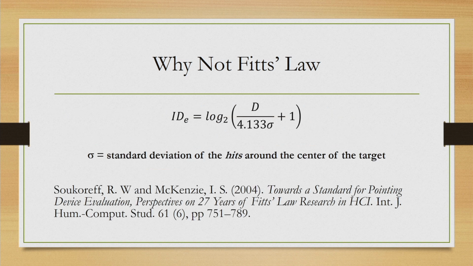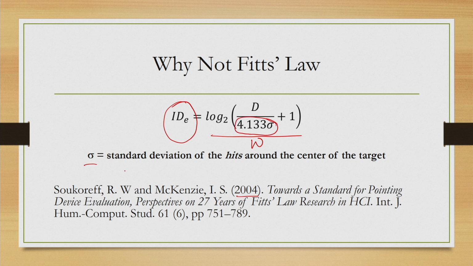that is the effective target width. Now, Soukoreff and MacKenzie in 2004 proposed one formulation for computing this index of difficulty when error rate is more than 4%. According to their formulation, we can compute the index of difficulty of such tasks with this expression, where instead of W or the target width, we are using this term 4.133 sigma.